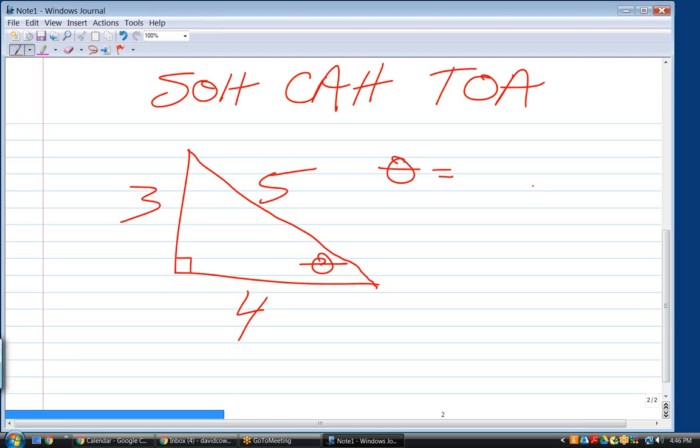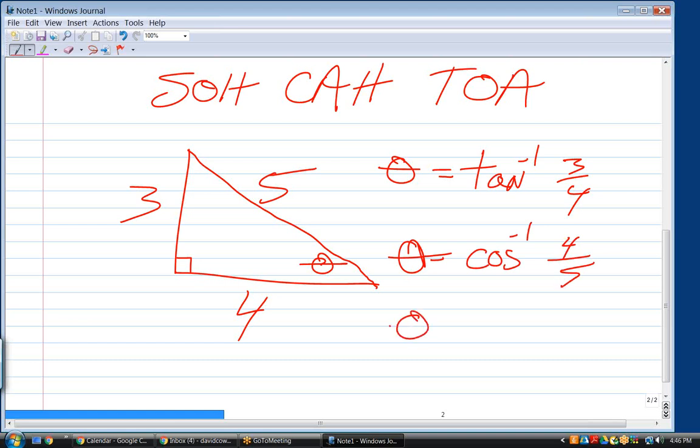Well, give me the inverse trig function. It's equal to the inverse tangent of 3 over 4, or the inverse cosine of 4 over 5, and I could go on and on. It's also equal to the inverse secant of 5 over 4, because secant is the reciprocal of cosine.